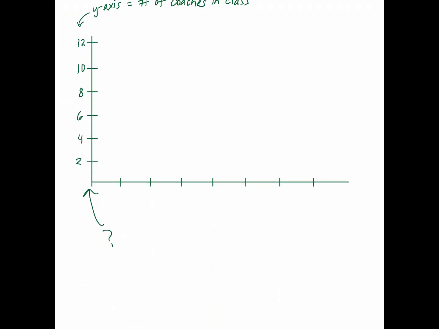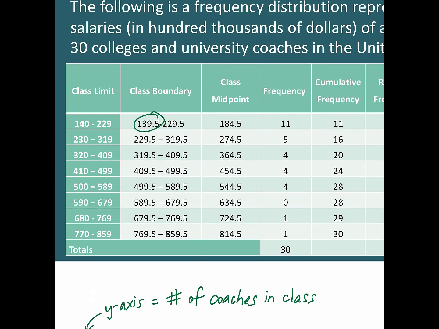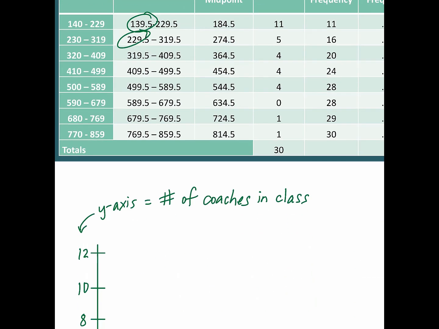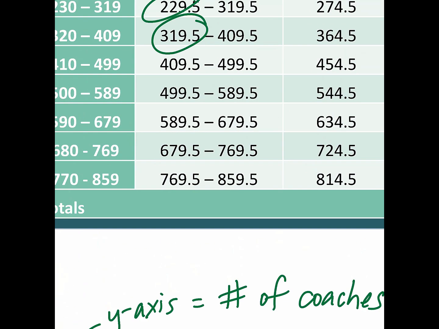And that's going to be the first number that I start with. And once I write down 139.5, I proceed from there. And every tick mark is going to include my next lowest boundary, which in this case will be 229.5. Then 319.5, I believe, is next. Yes. And continue from there.